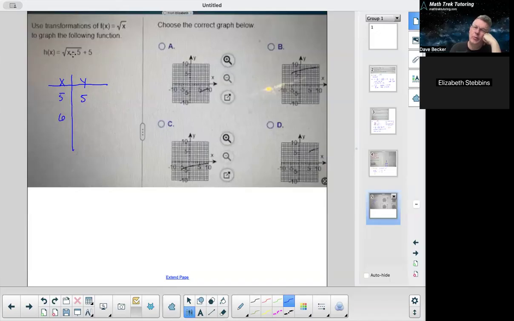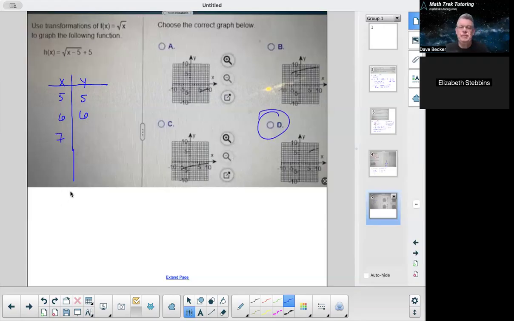Yeah, because the square root of 1 is 1, plus 5 is 6. So I was right. Fabulous news. So now you're looking at which graph has the points (5, 5) and (6, 6) on it, and that's D. But if you don't have that, then you would just plug in more, like do 7.